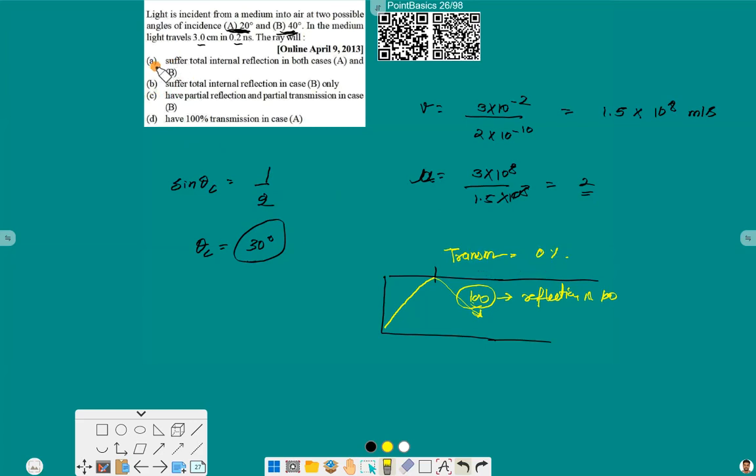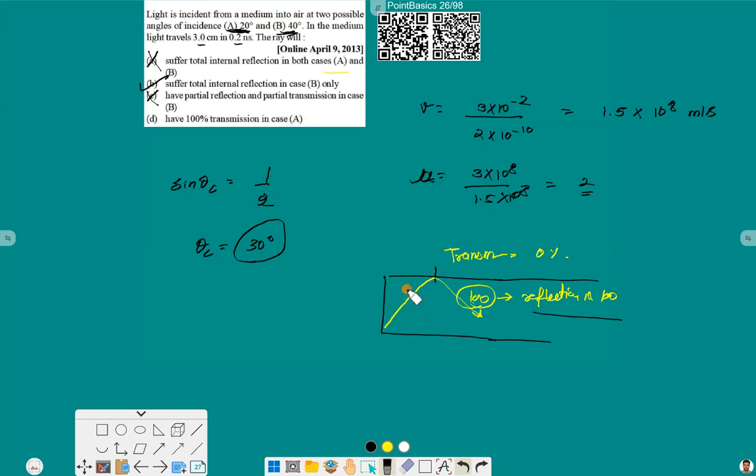So let us see option A, suffer total internal reflection in both cases. In both cases there is no TIR, only in case B, so that is wrong. Option C, have partial reflection and partial transmission in case of B. So that is also wrong, because in case of B we have total reflection.